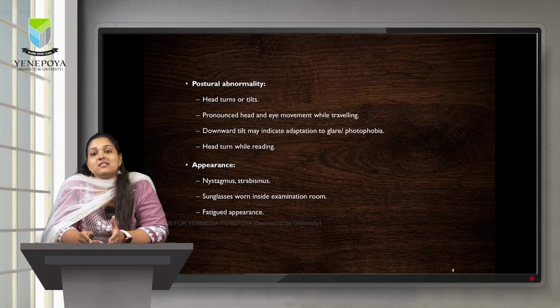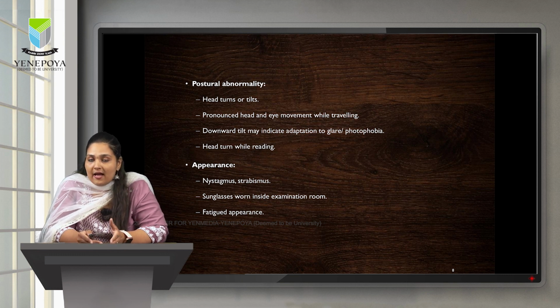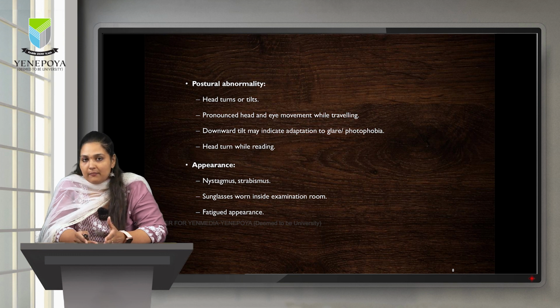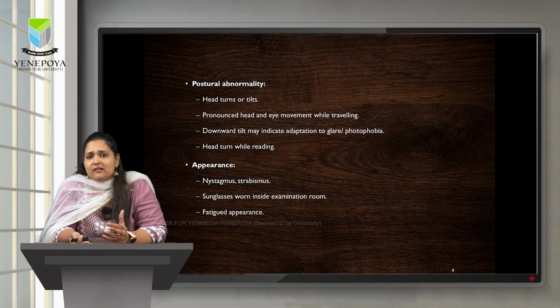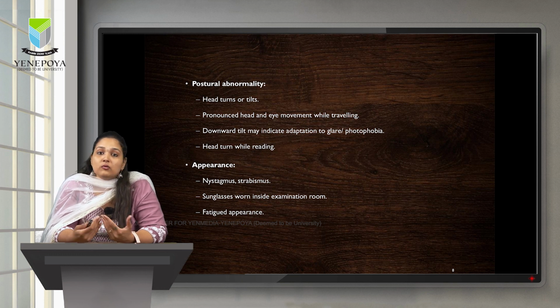Next is the appearance of the patient, whether the patient has any nystagmus or strabismus, and how the person is wearing their dress. For example, some patients will come wearing some color shirt and some color pant, or a salwar where the dupatta is in some color which does not match the kurta.